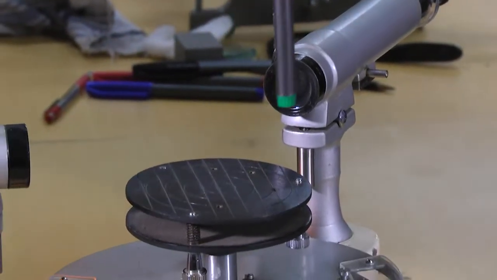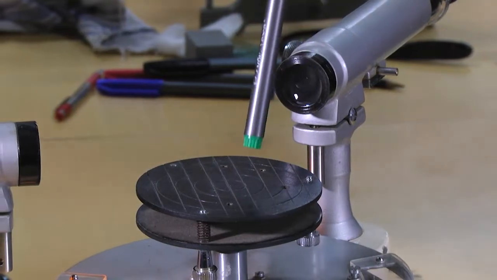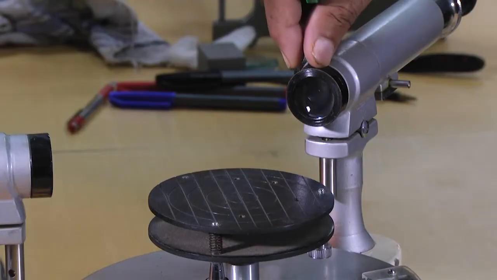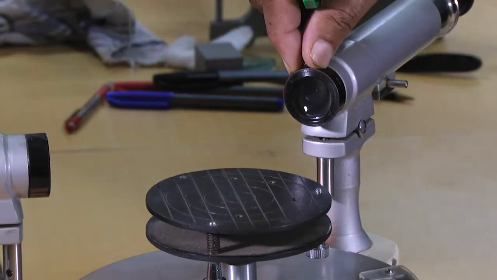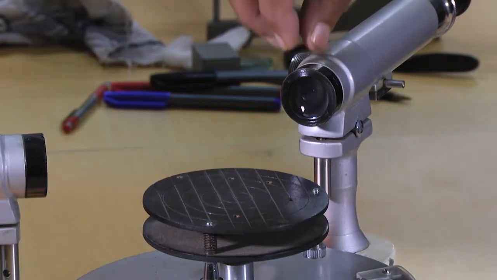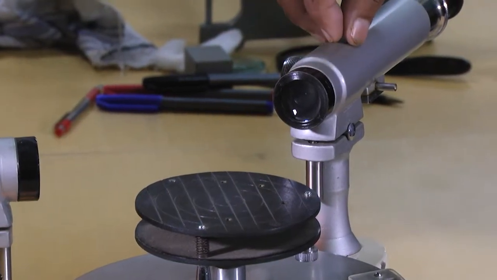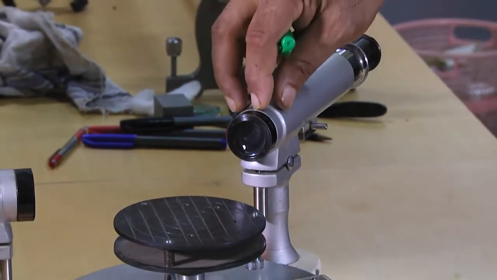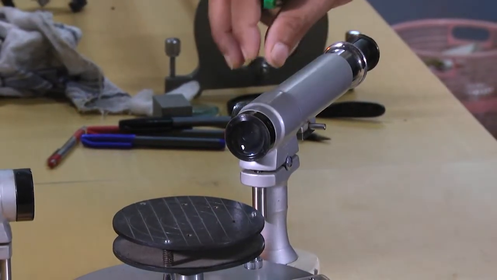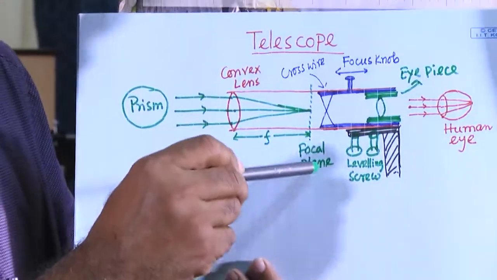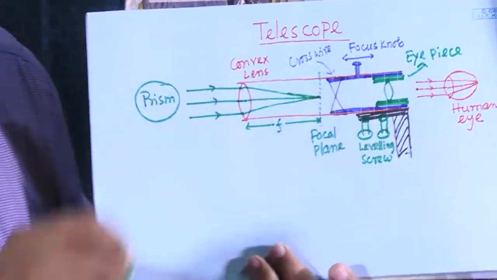From the prism, refracted parallel rays are coming and falling on this convex lens. Now these parallel rays will converge at the focal point of this lens. So this is the focal plane. Okay. This is the focal plane.